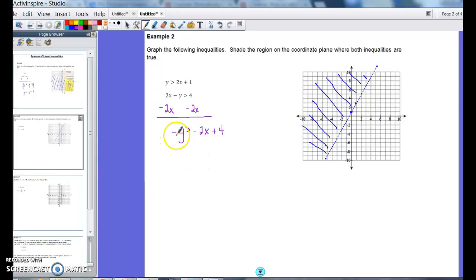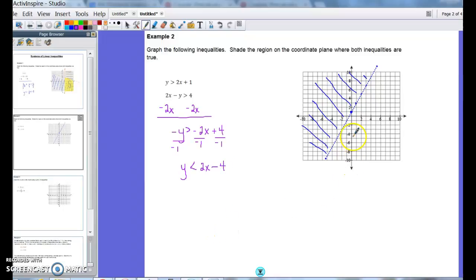Now, because I have this negative in front of the y, I have to get rid of that, which means I have to divide everything by negative 1. Remember, when you divide by a negative, you have to flip your inequality. So this is going to become y is less than positive 2x minus 4.